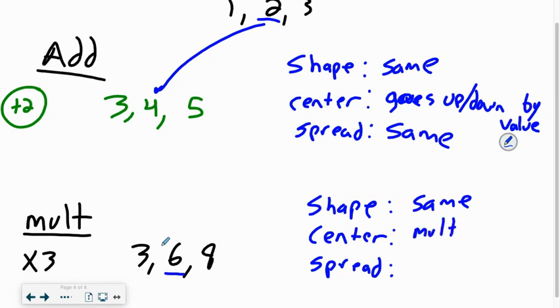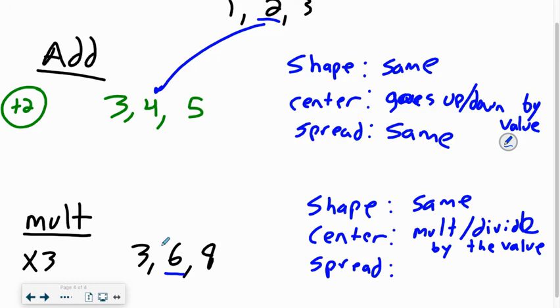So you just multiply or divide by the value to figure out the new center. And the spread, now if you look at the range, it was 2, and now it's 6.